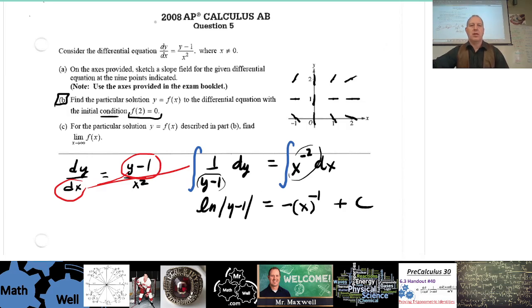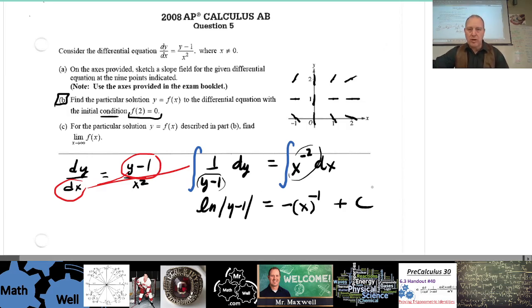Okay, so now let's put in our 2, 0. So x is 2 and y is 0. So we have ln of, remember, this is absolute value, so this is 0 minus 1. And this is negative 2 to the negative 1, and that negative is outside of everything.